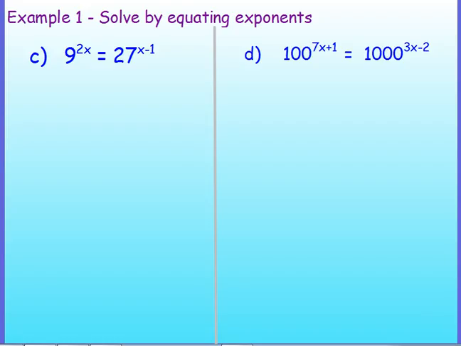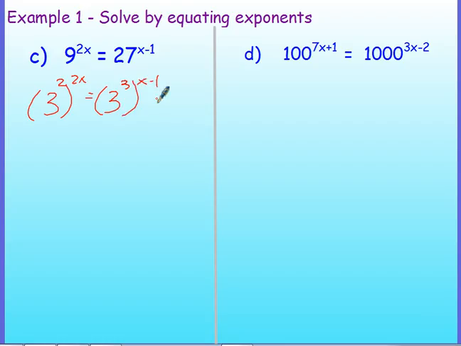Because 9 squared is already 81, so that's too big. So she's saying, okay, well, can I change both of them? And of course the answer is, yeah, I can change them both to the same base. What base do they have in common? So 9 is really what? 3 squared, but again, it's still to the 2x power. And 27 is really what? 3 to the third, and it's still to the x minus 1 power.